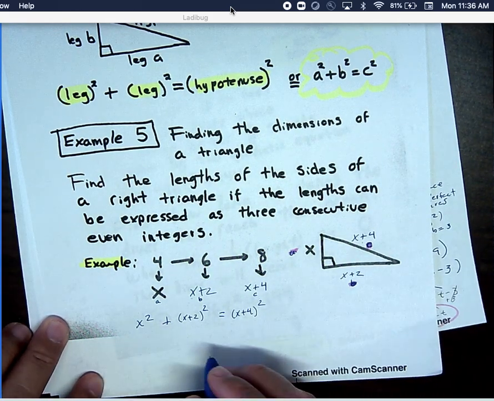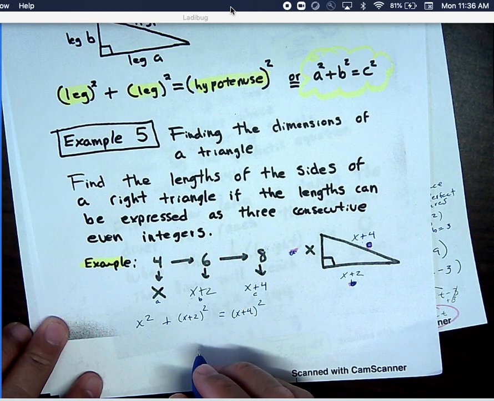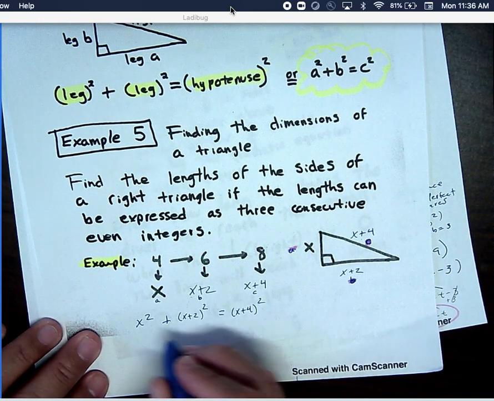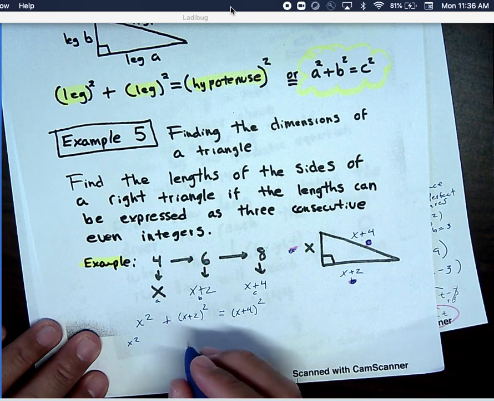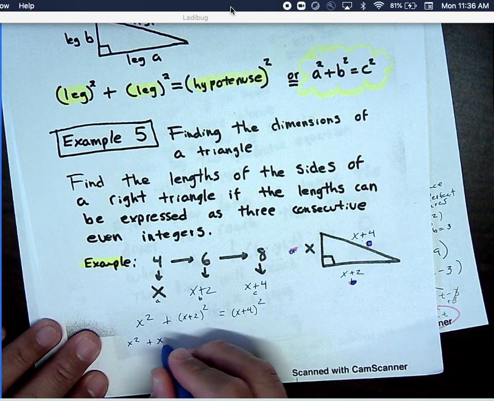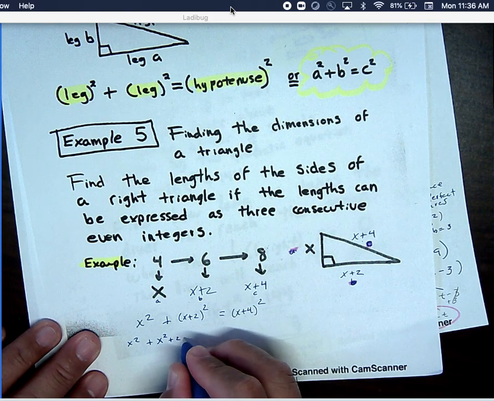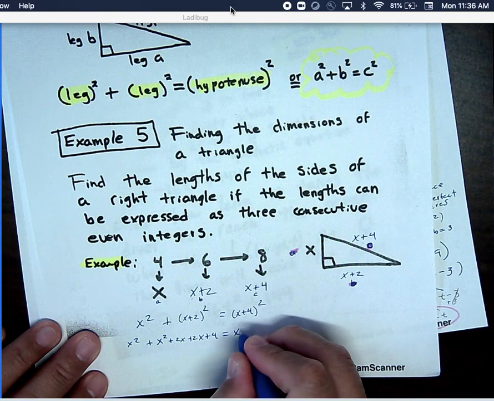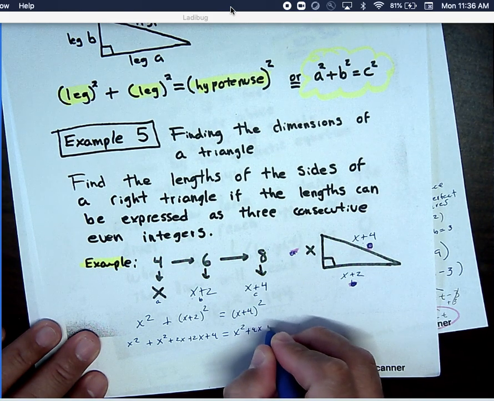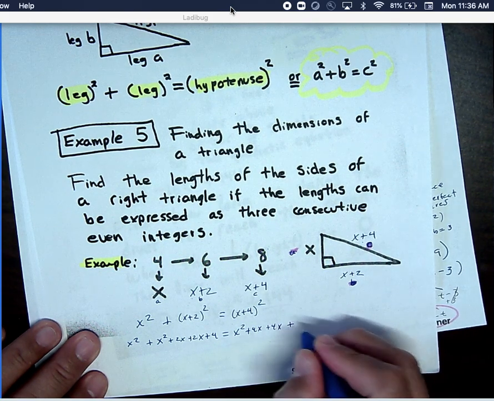Now let's work it out. So this would give me just x squared, and then this part you need to do FOIL, and you would get x squared plus 2x plus 2x plus 4 equals x squared plus 4x plus 4x plus 16.